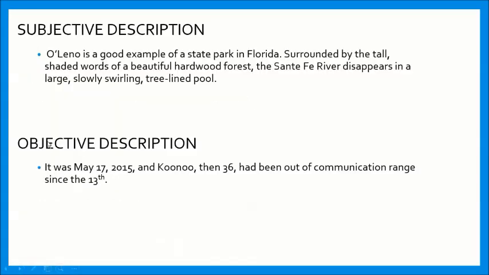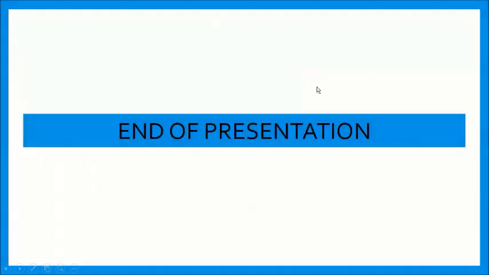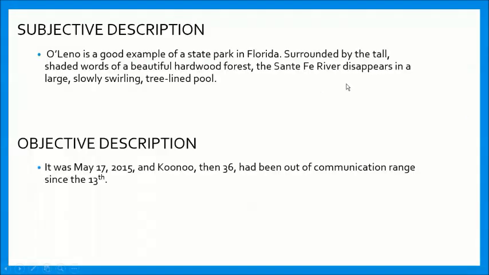And then here is another example. Olino is a good example of a state park in Florida, surrounded by the tall, shaded woods of a beautiful hardwood forest. The Santa Fe River disappears in a large, slowly swirling tree-lined pool. So I don't know how you're going to imagine this one.